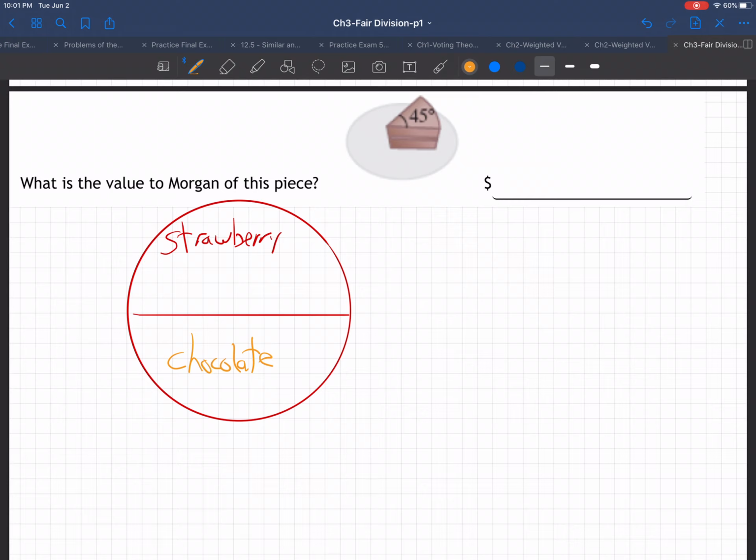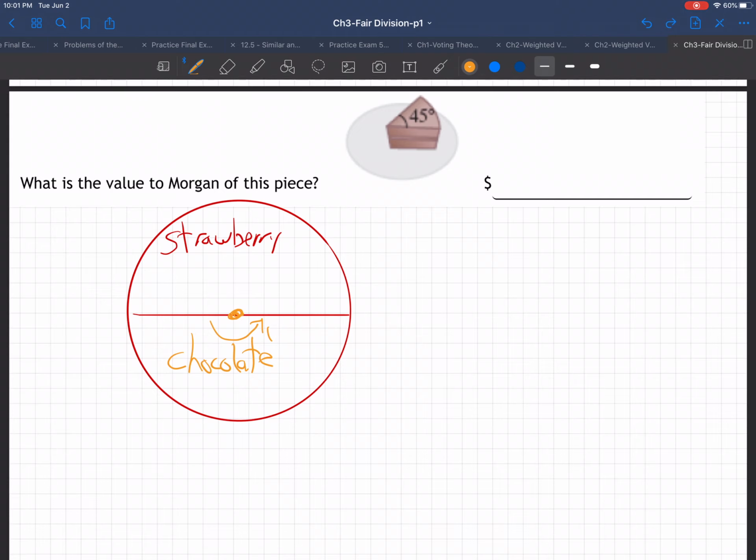Now they're giving us 45 degrees. What are we going to do with that? Well, again, we put the center in here. Half the circle, from there to there, is 180 degrees.